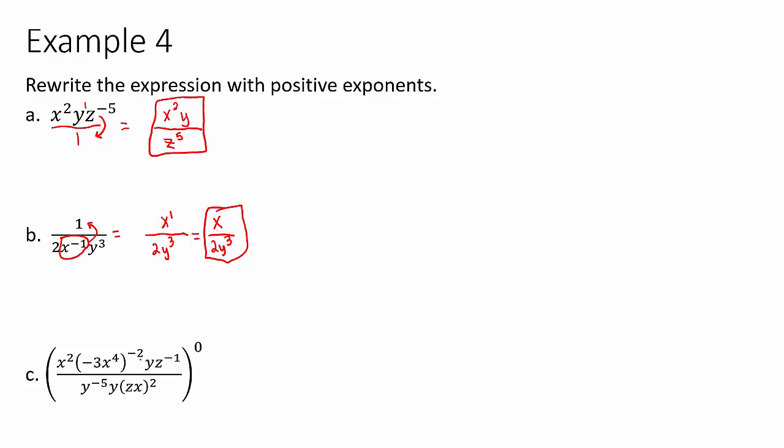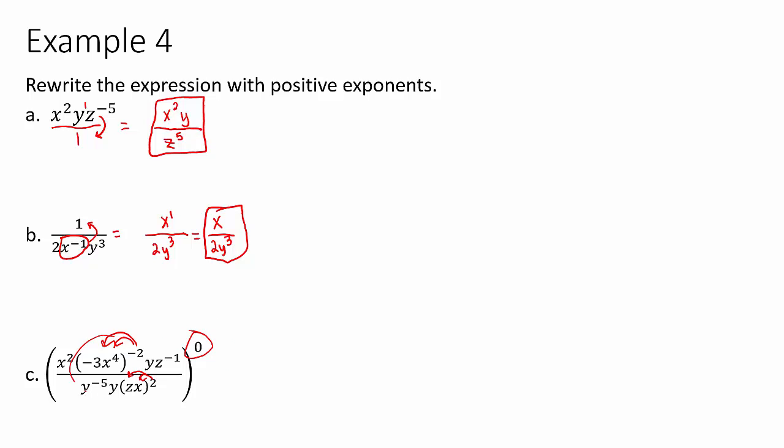And then C. Oh, this looks like a doozy. The parentheses has a lot of stuff inside that we could deal with. Like we could give everything inside this negative 2 power and everything inside this squared, and then start combining our x's and our y's. But oh wait, the entire thing is to the 0 power.